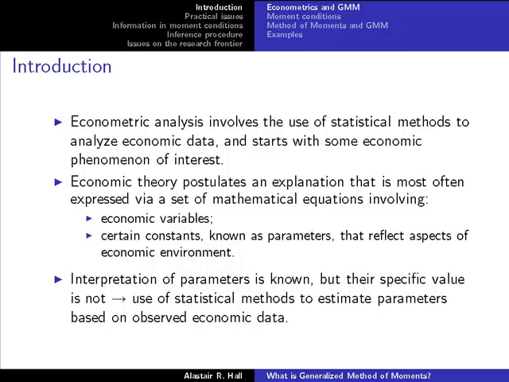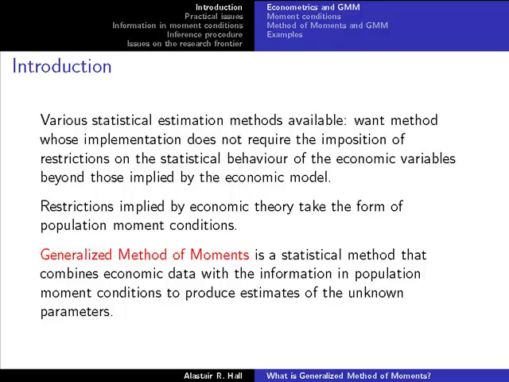When we come to this stage, there are a number of methods available to us for estimating these parameters. In choosing between them, an important consideration is that we'd like to adopt a method whose implementation does not require the imposition of additional restrictions on the statistical behavior of the economic variables beyond those that are implied by the economic model.